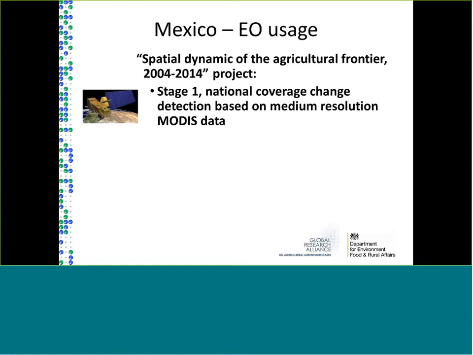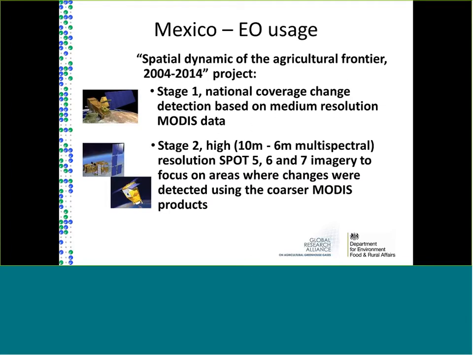Particularly, their interest is in the 250 meter resolution vegetation index product. The second stage then moves from that to look at, in detail, areas of change using higher resolution Spot data.